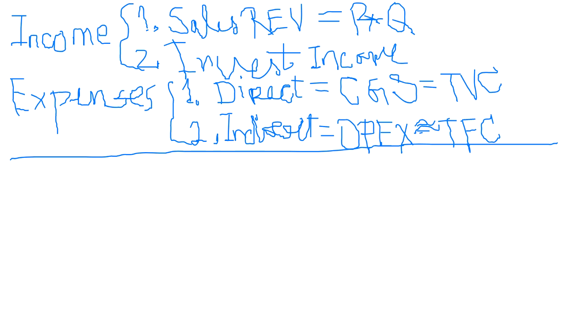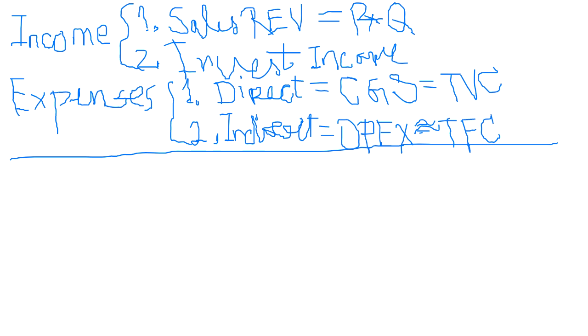So $500 is the price. If they sell 0 units, their revenue is 0. If they sell 1 unit, the revenue is 500. If they sell 10 units, 5,000. If they sell 100 units, 50,000, and so on. If they sell 1,000, $500,000.